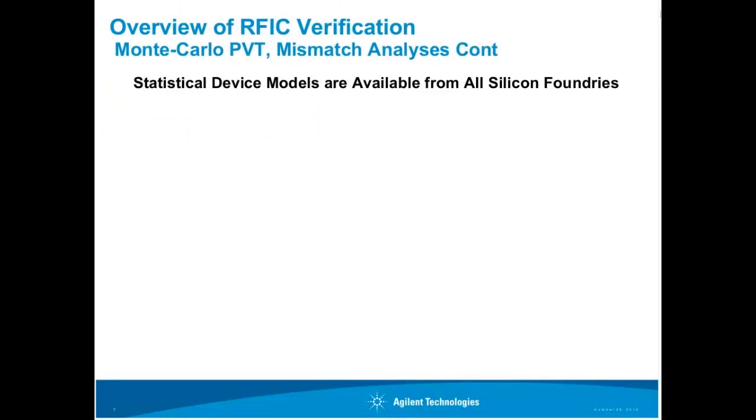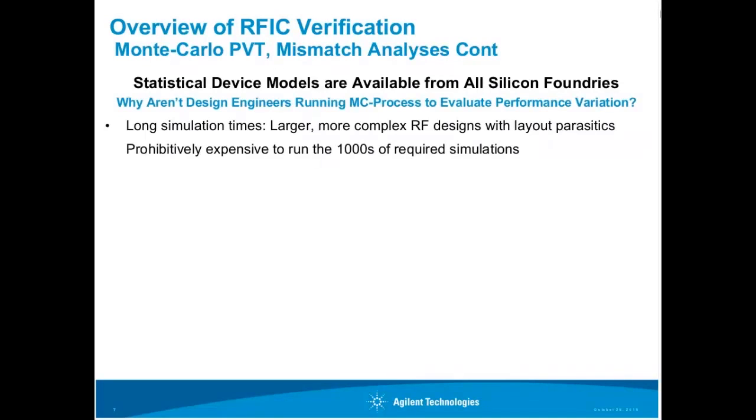What we find, which is interesting, is that while statistical device models are available from all silicon foundries, there aren't enough design engineers actually running Monte Carlo process to evaluate the performance variation. There are a number of reasons for that, and I'm going to walk through them. Long simulation times: the bigger the circuit, like a functional path such as a receiver or a transmitter, and you may also have parasitics, each simulation takes a long time.